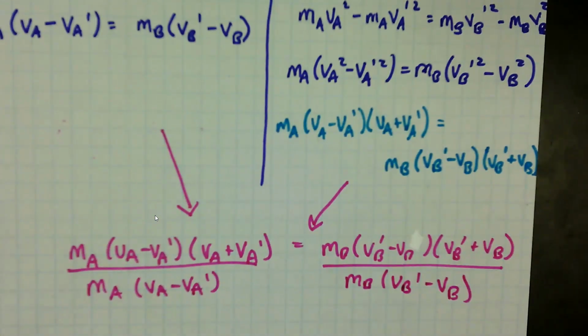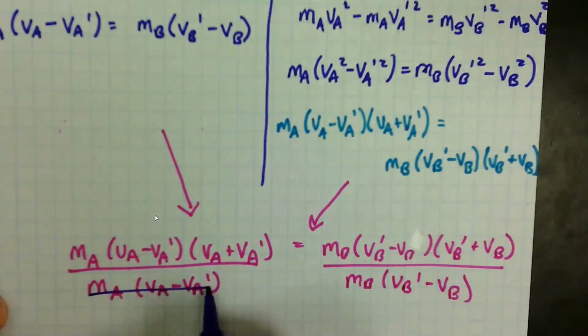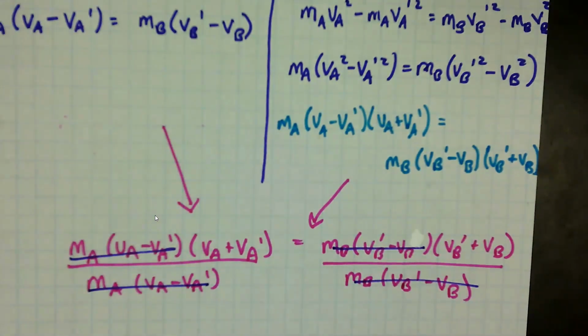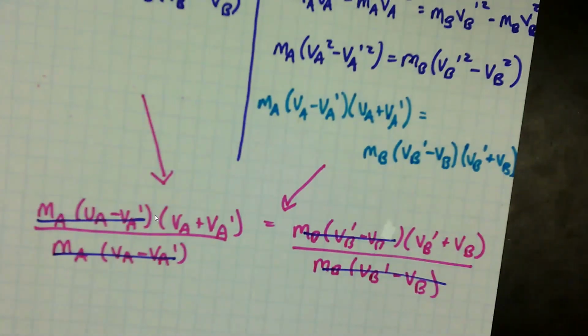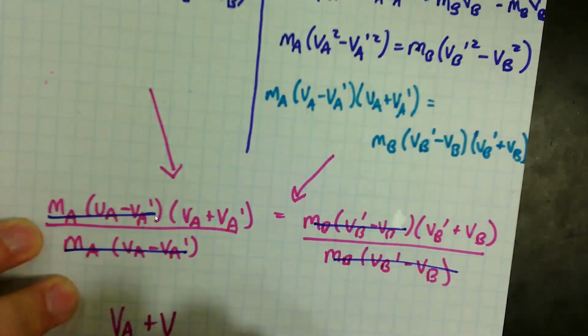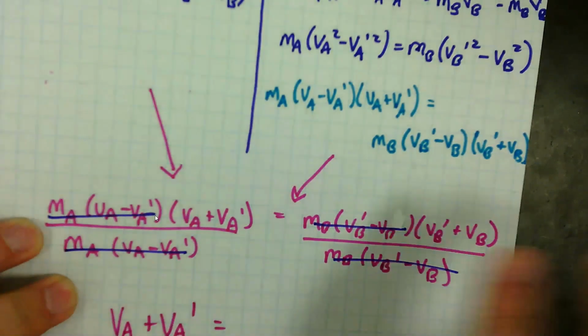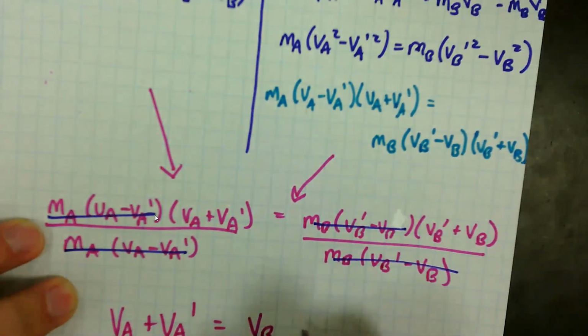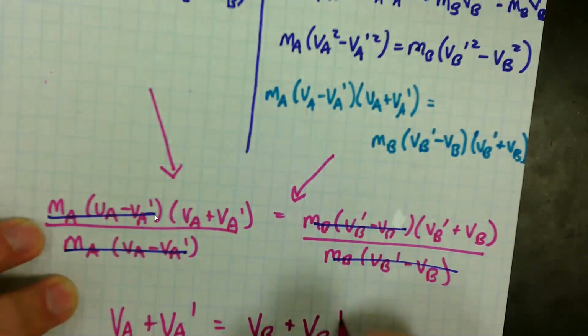Why is that cool? There's a lot of things that can cancel out now. And then I get a very pretty equation: VA plus VA prime, and I'm just going to flip-flop the way I write this so that it's parallel, equals VB plus VB prime.